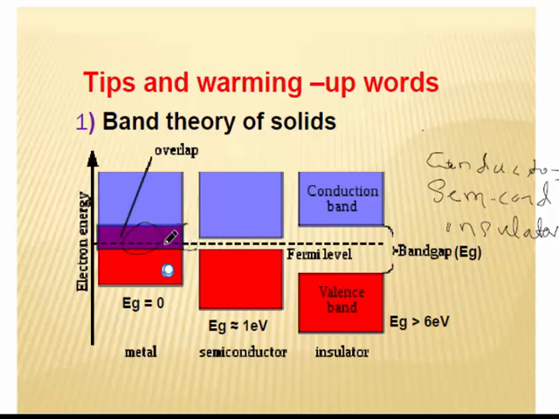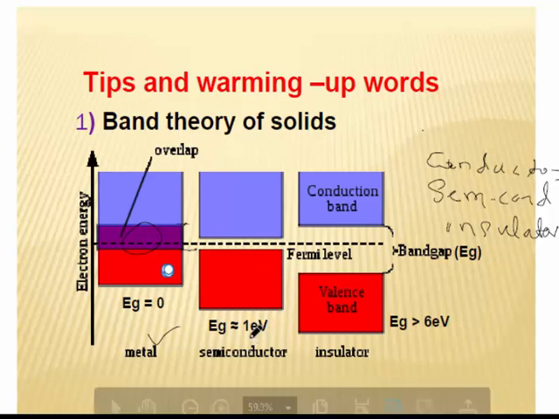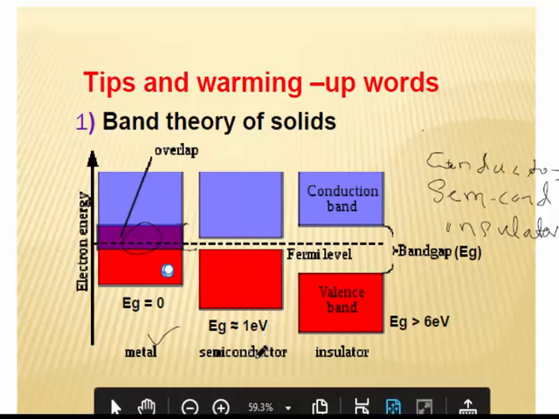If the forbidden energy gap is almost zero, meaning the conduction band overlaps the valency band, these are conductors, also called metals. In semiconductors there is a small gap of about 1 electron volt. In insulators there is a large energy gap between the conduction band and valency band, nearly 6 electron volt. They are called insulators.